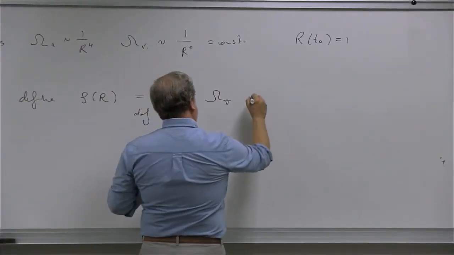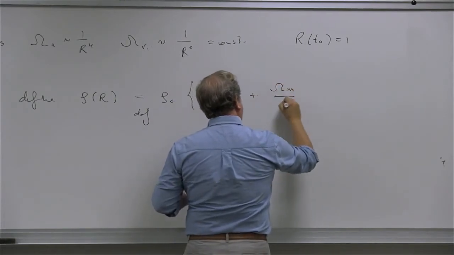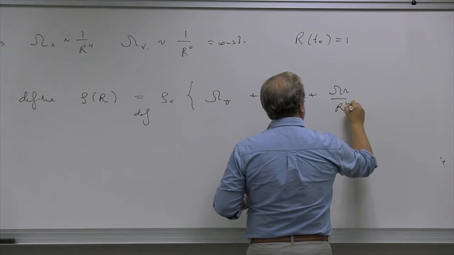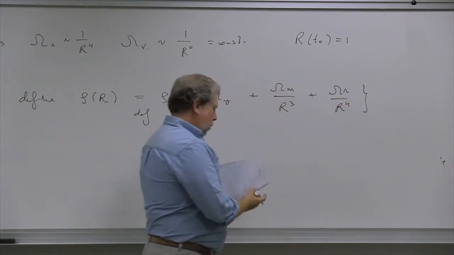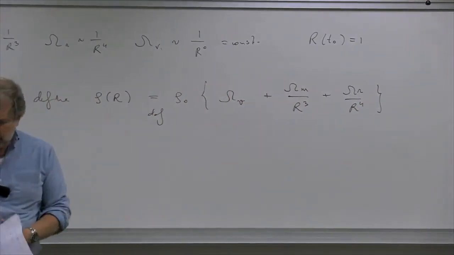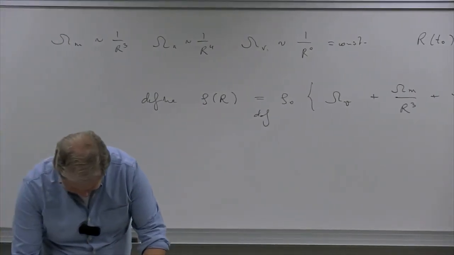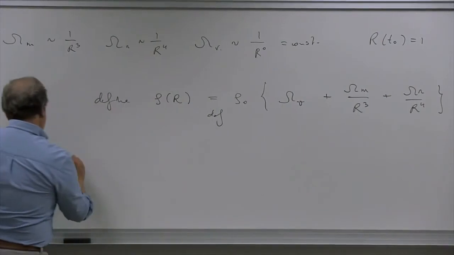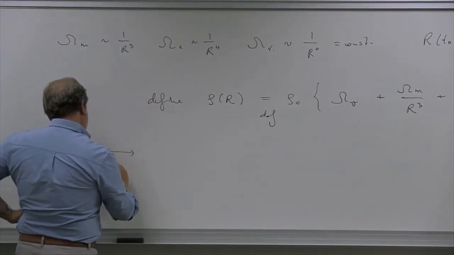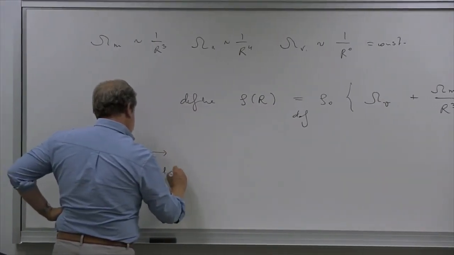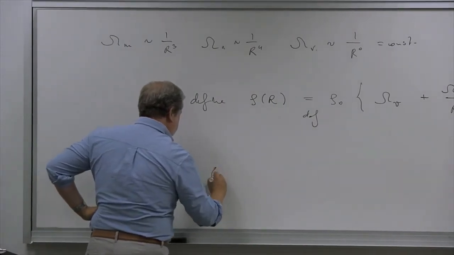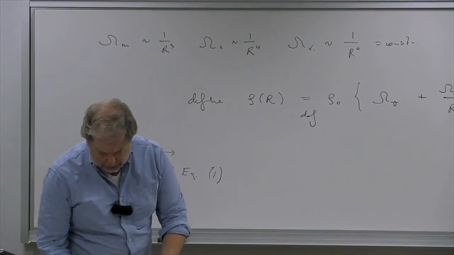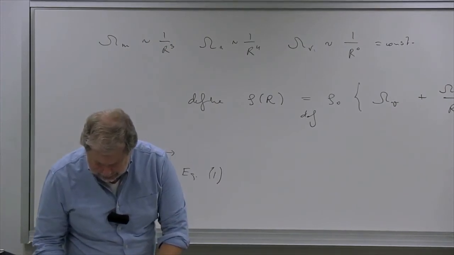And then you can write it as plus omega, the matter part divided by r cubed, and the radiation part divided by r to the 4th. And so if you define it this way, then you can get from the field equation, in particular, again, we're talking about field equation number 1, which is the one that involves just the density, right?